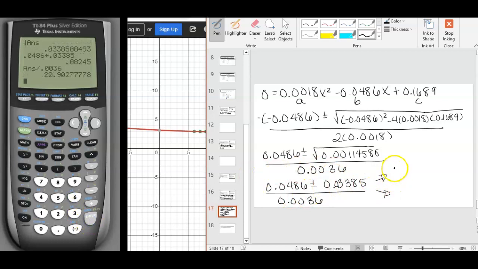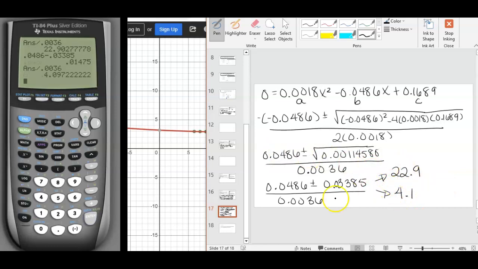And so that gives me my first solution, which is 22.9. And now let's do the second solution, which we get when we subtract. So 0.0486 minus 0.03385, and then divide by 0.0036, and that gives us 4.1.